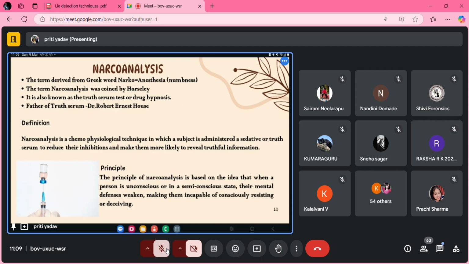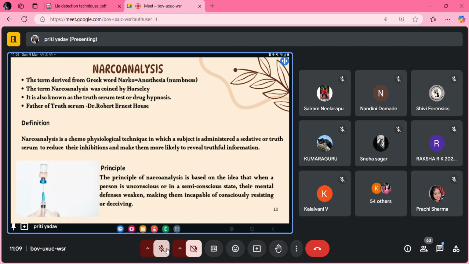Narcoanalysis. This term is derived from the Greek word narco, meaning feeling of numbness. The term narcoanalysis was coined by Horsley, and the father of truth serum is known as Dr. Robert Ernest House.